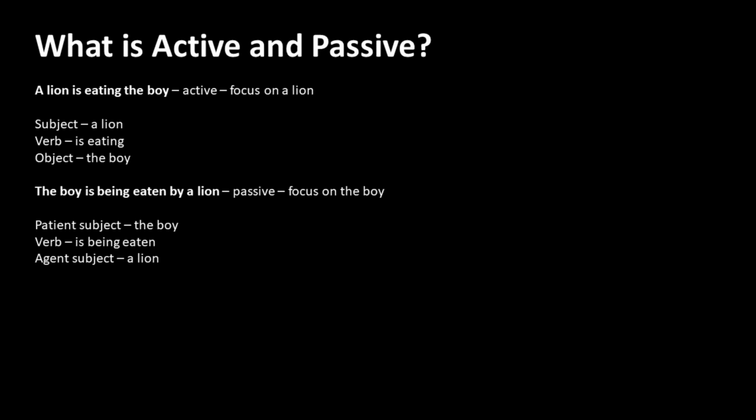In the first statement, a lion is eating the boy, we're focusing on the lion. In the second statement, the boy is being eaten by a lion, we're focusing on the boy. I have no doubt that with a little inventiveness, we could think of bringing out these differences without having an entire grammatical category for it.